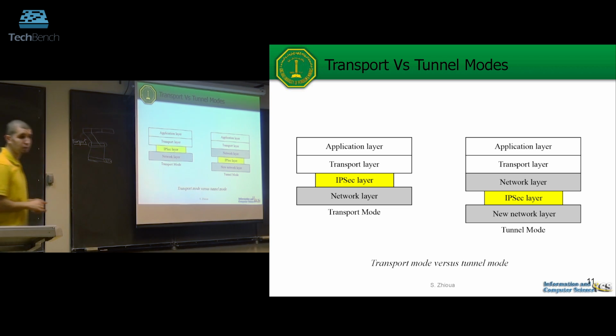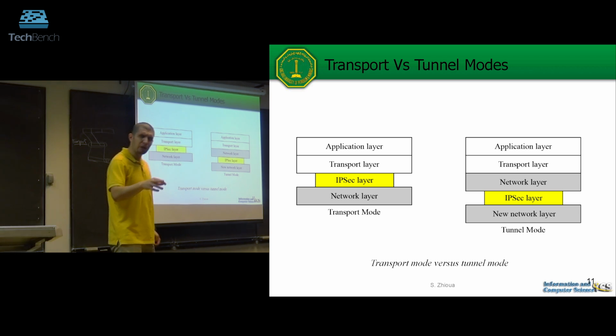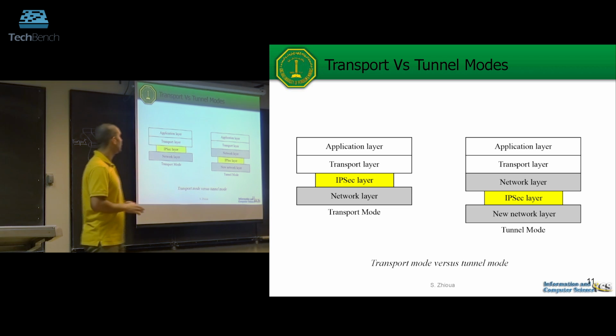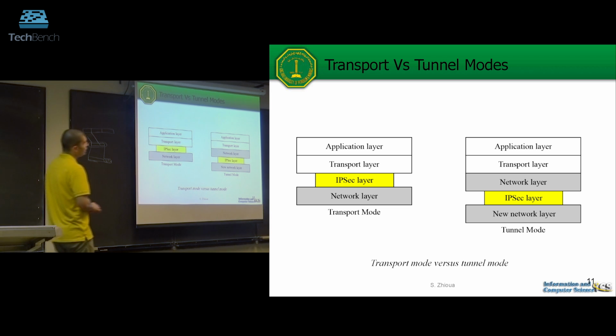Now, there are some protocols in the network layer. When you use the tunnel mode, do you change the protocols that are available in the header? It depends on how IPsec is implemented.